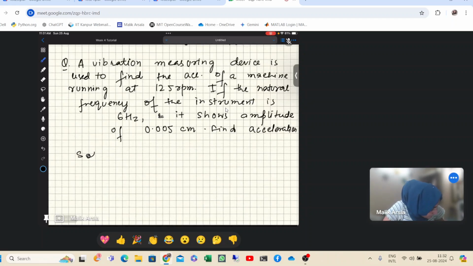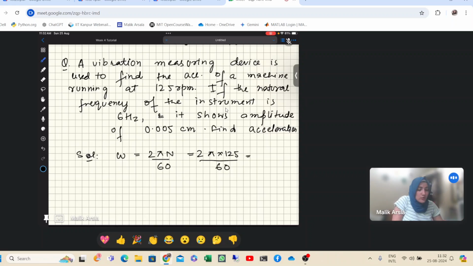So as I said, first let's calculate omega. We know that omega is equal to 2 pi n upon 60. Here n is given as 125 rpm, so I am converting it to seconds; that's why I divided by 60.